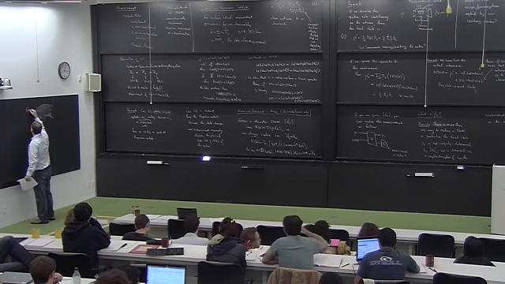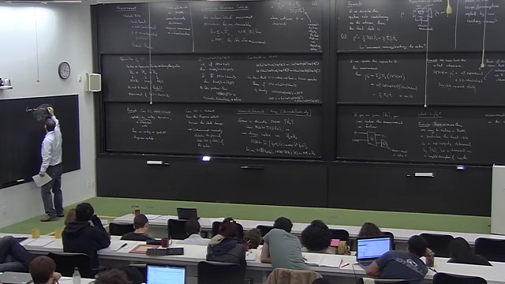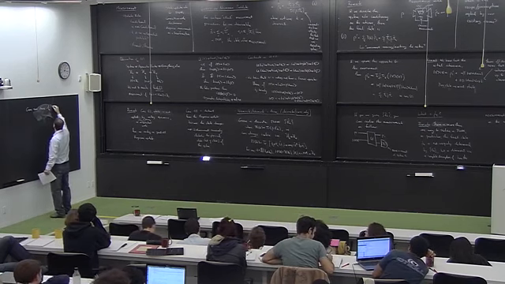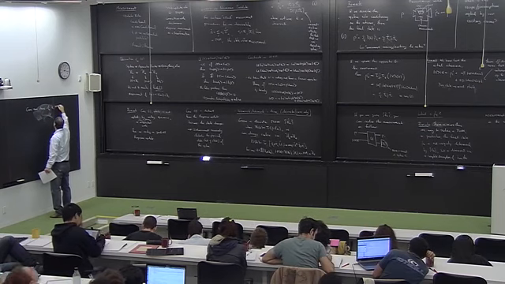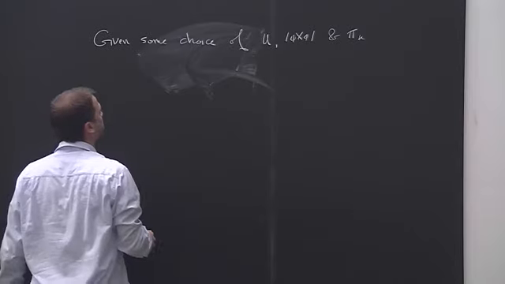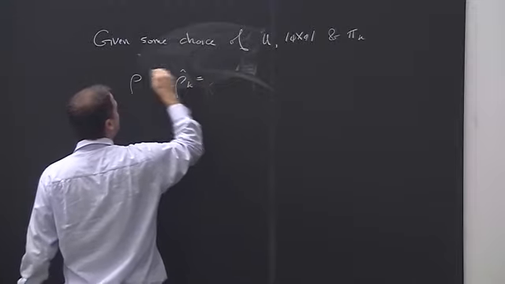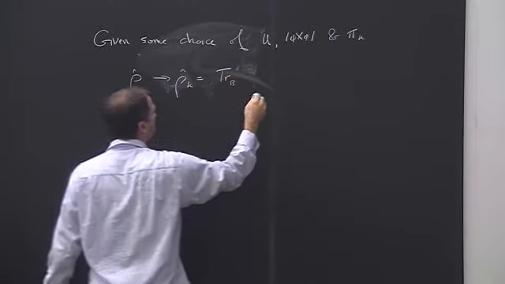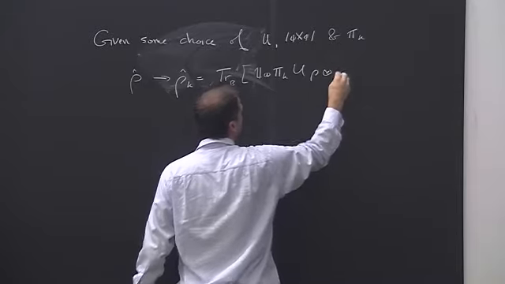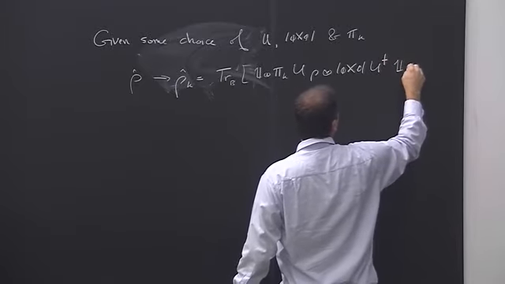Given some choice of U, phi, and pi k, we have that rho goes to rho k, which is equal to the trace over B of identity cross pi k, U, rho cross phi, U dagger, identity cross pi k.